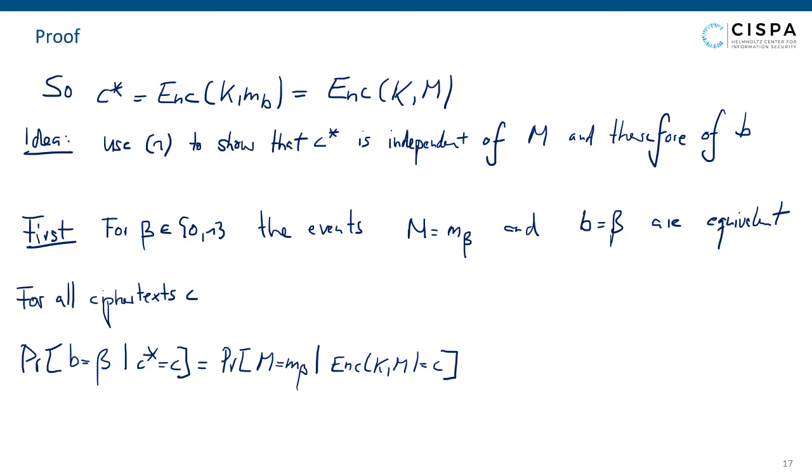So by definition 1, this is exactly the same as probability M equals M beta, again as definition 1 says that the ciphertext C star and the message M are independent. And what is the probability M equals M beta? Well, for both beta equals 0 and beta equals 1, this is just 1/2 by construction.